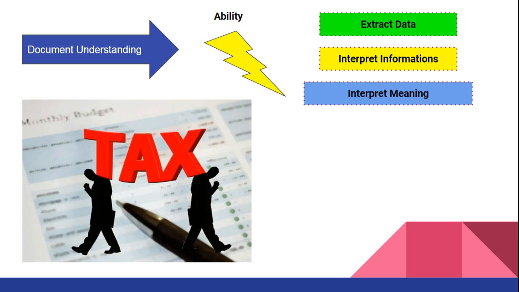The UiPath Document Understanding is an ability, a technique, or a process, whatever you call it. Using this, we can extract data. The main purpose of document understanding is that you extract data, but that is only part of it.